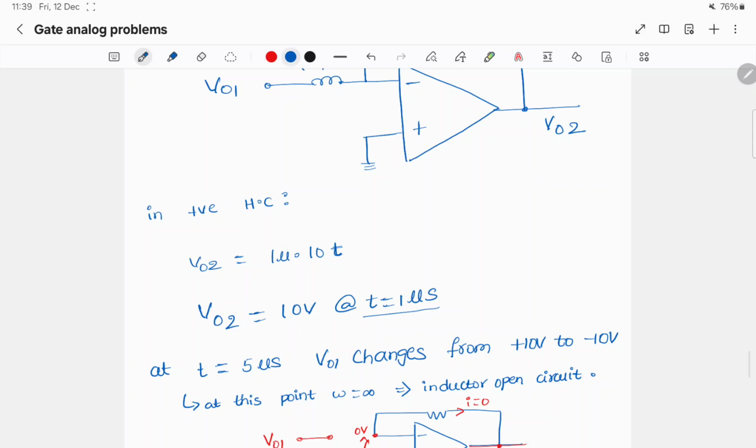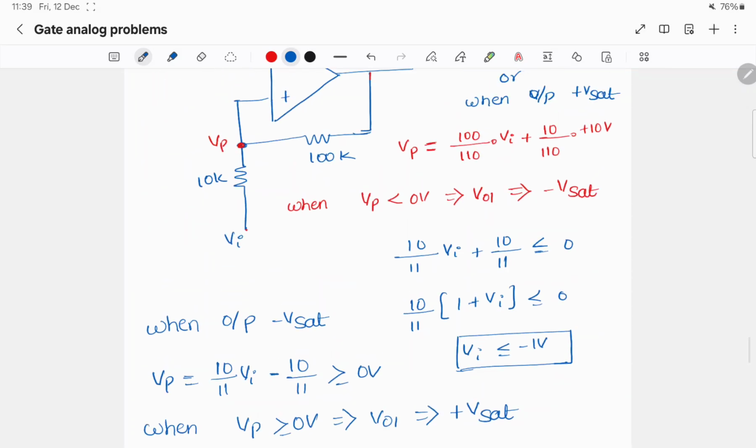In the negative half cycle, similarly VO2 will be minus 1 micro times of 10t. After 1 microsecond of time, VO2 will reach minus 10 volts from 0 volts.